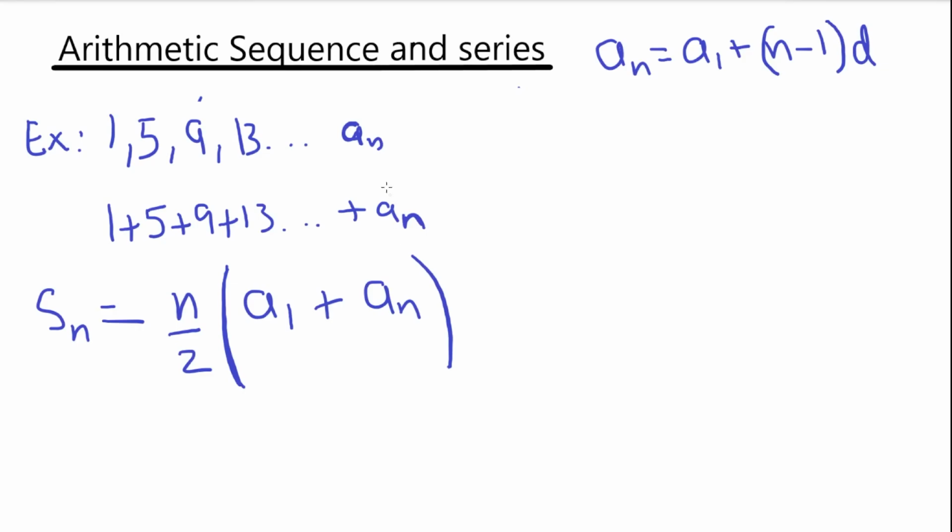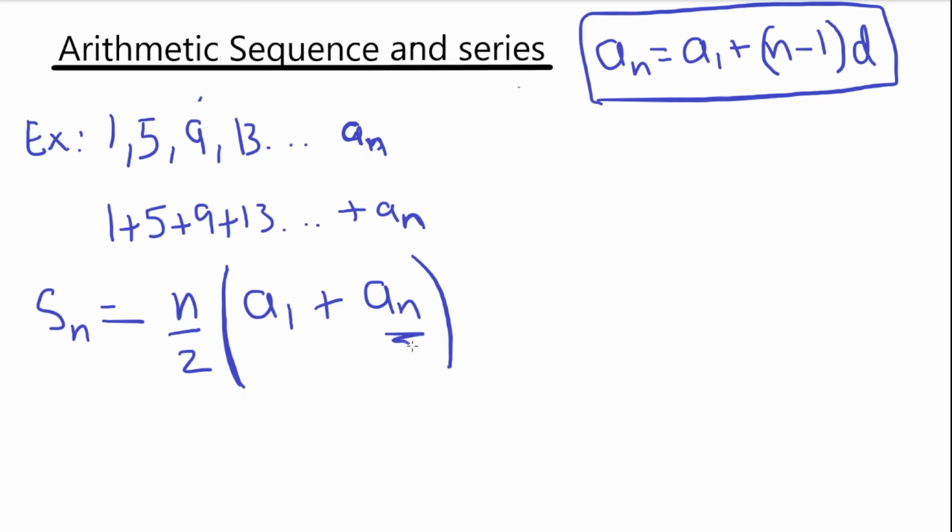Now what happens if you're not given the nth term, which can happen in many cases? Then we will use the formula that we just looked at to replace the nth term with the general expression.